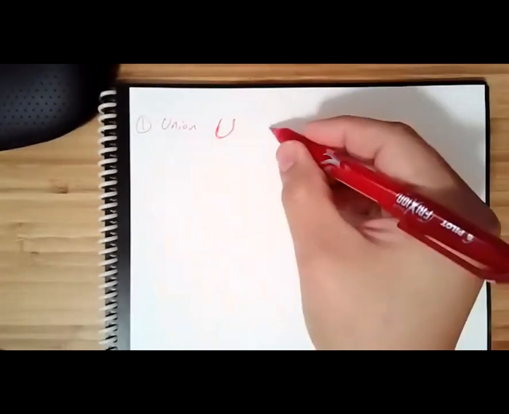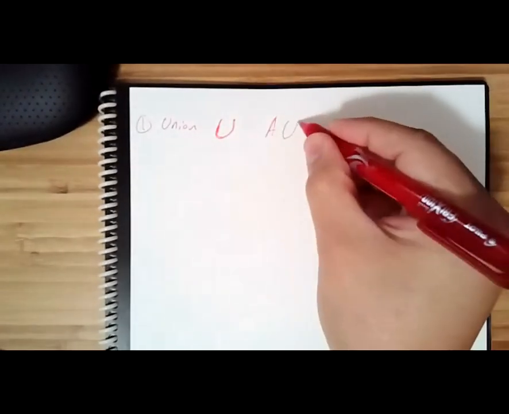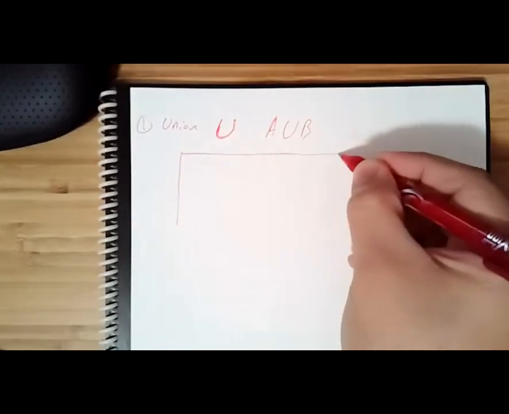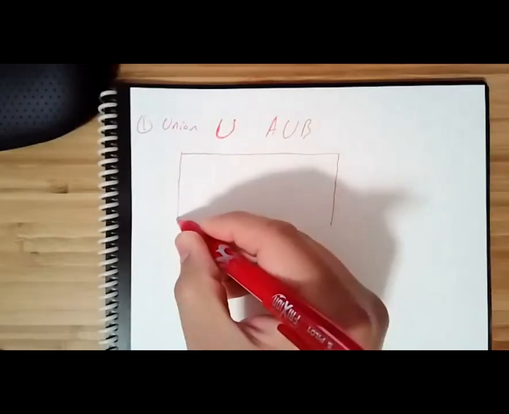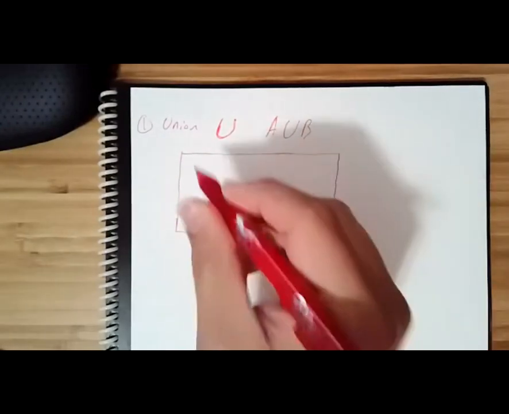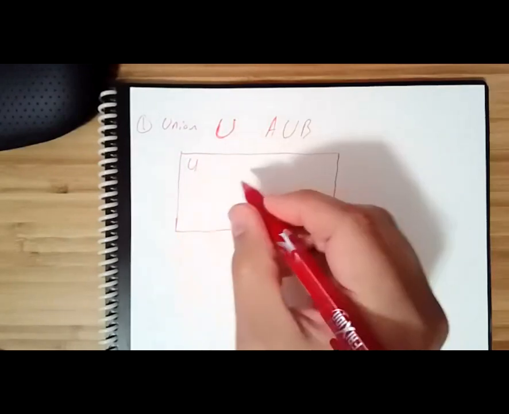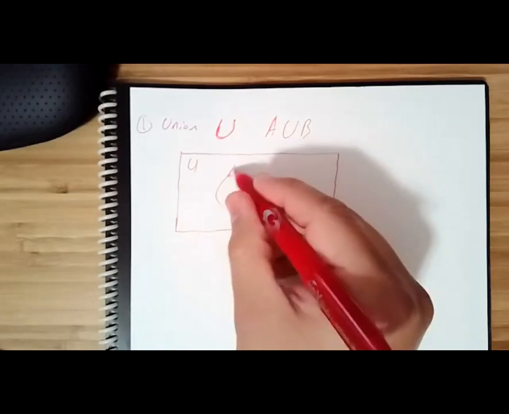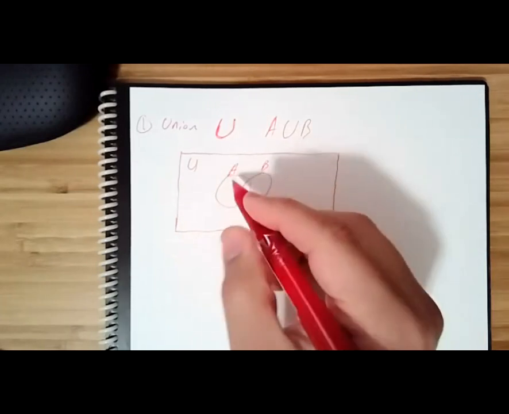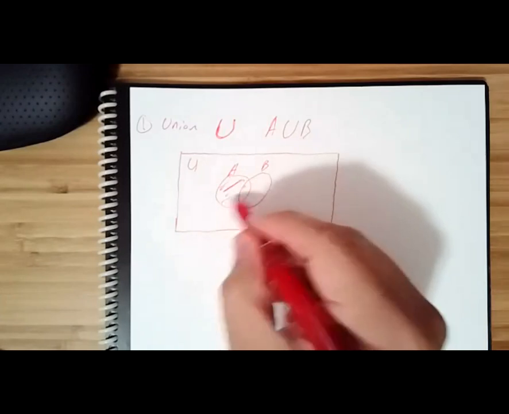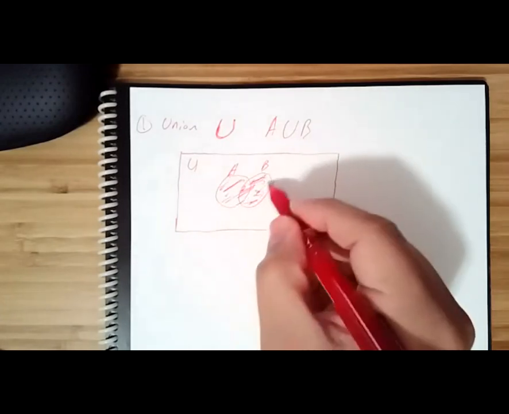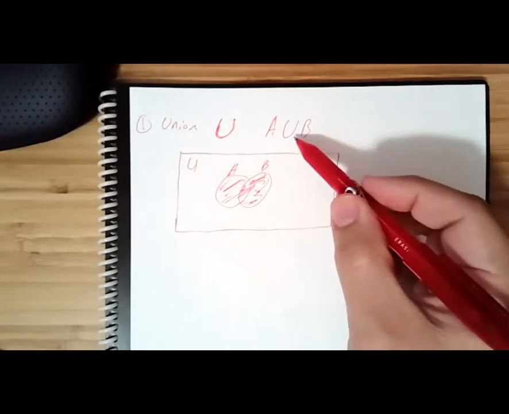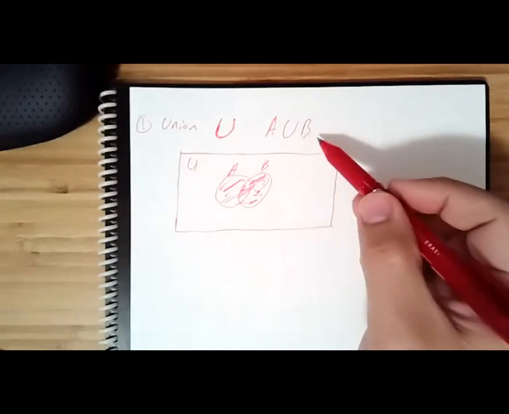So visually, A union B means you have two sets and you're combining them together into one big set. The shaded part is the union. So basically the entire two sets together. That's what A union B means.